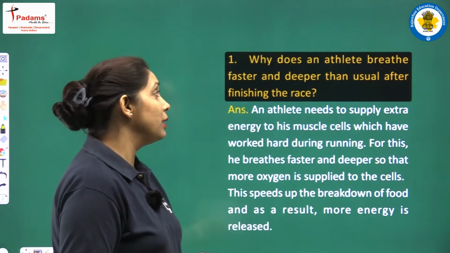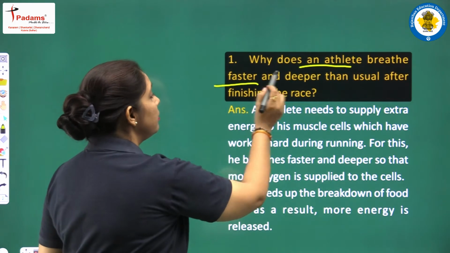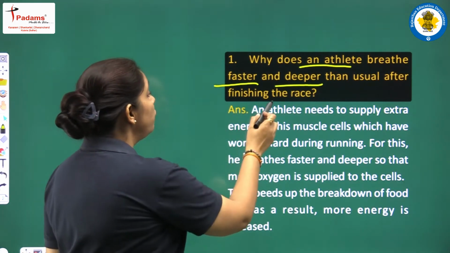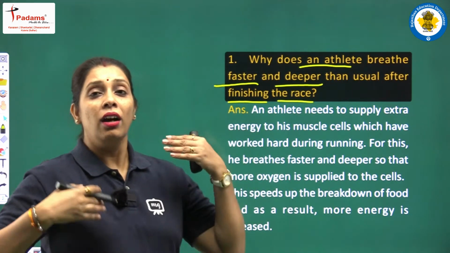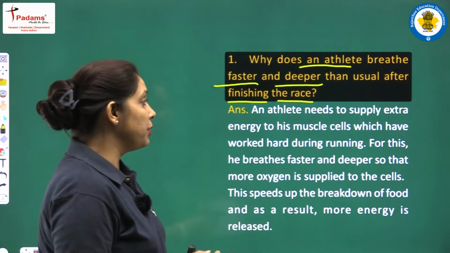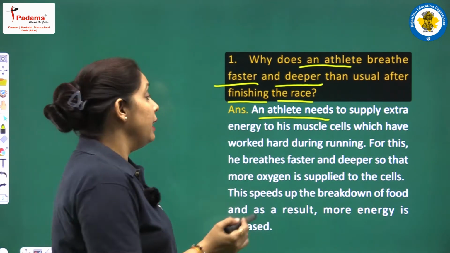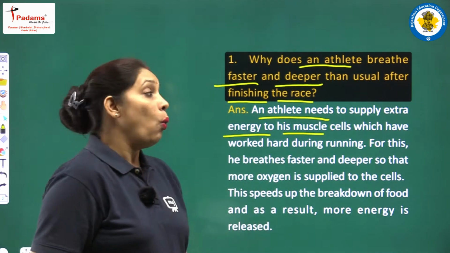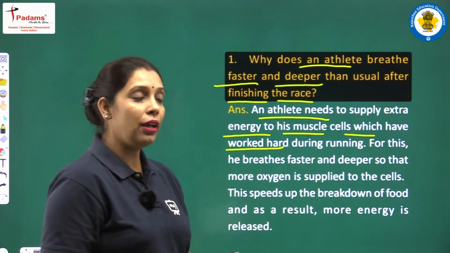Question number 1 is, why does an athlete breathe faster and deeper than usual after finishing the race? Yes, why are they taking a deep breath after finishing the race? We will write here, an athlete needs to supply extra energy to his muscle cells which have worked hard during the running.